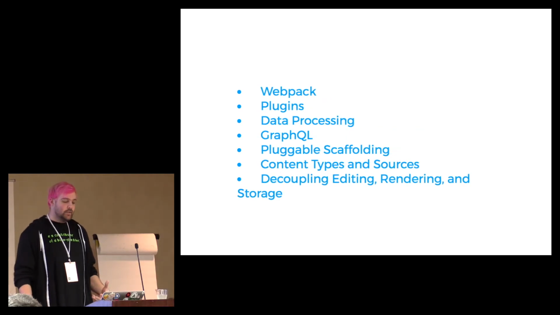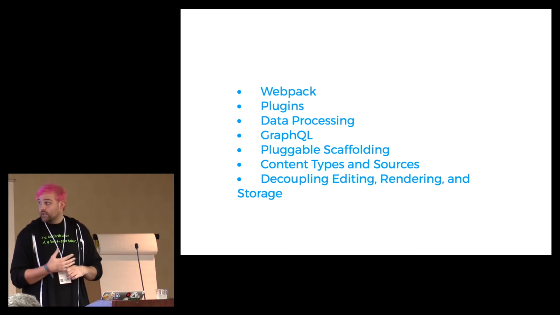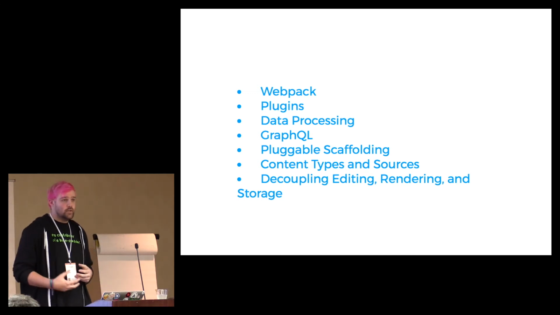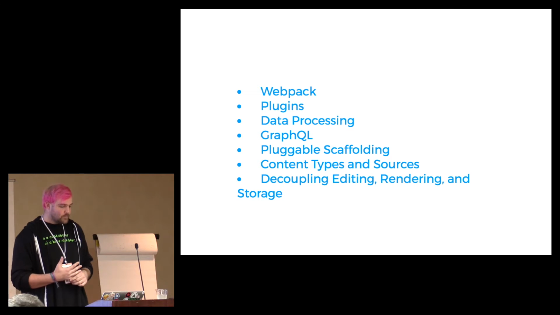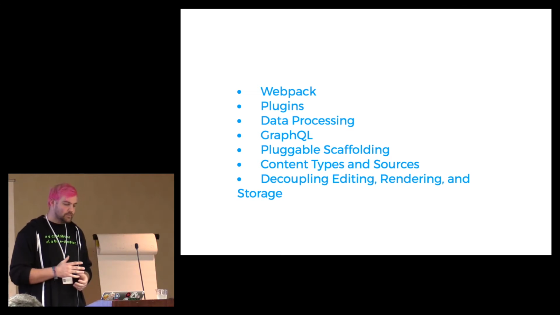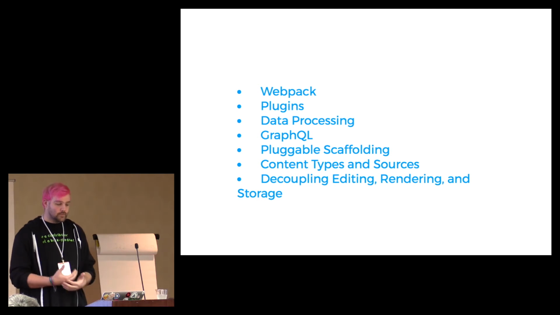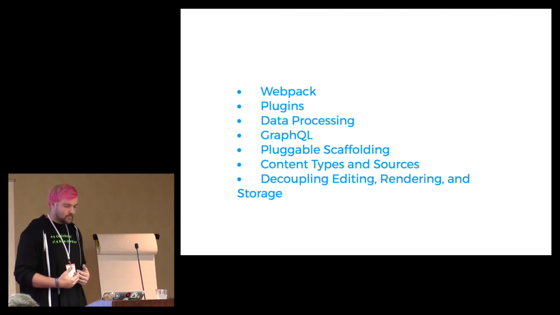So the pieces of Leo are effectively Webpack. Webpack does a lot of the composability and plugin functionality. There are the Leo plugins, not Webpack-specific plugins. The data processing that we talked about before, where you can generate URLs and things like that. GraphQL for the data interface.